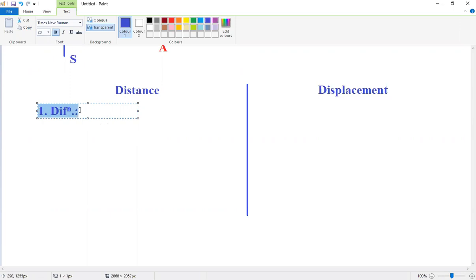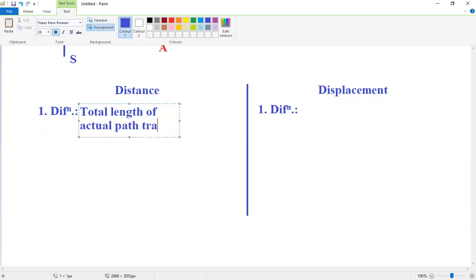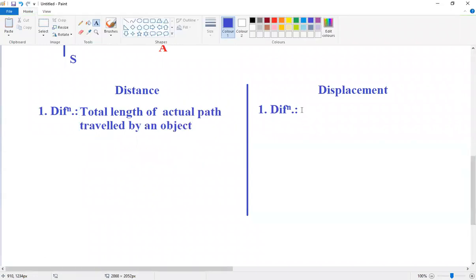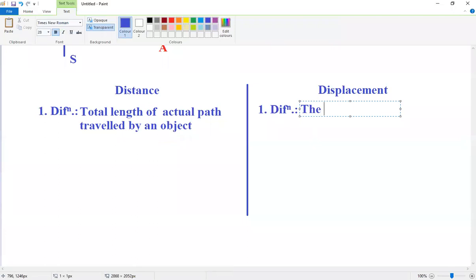Distance is the total length of the actual path traveled by an object, whereas displacement can be defined as the shortest distance traveled by an object.